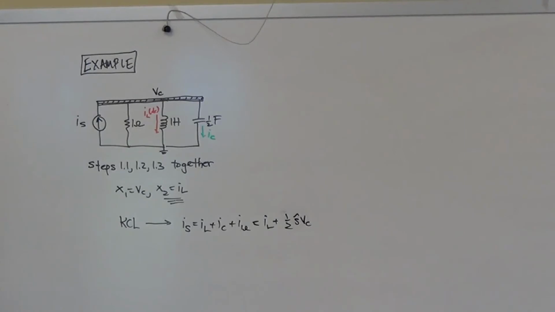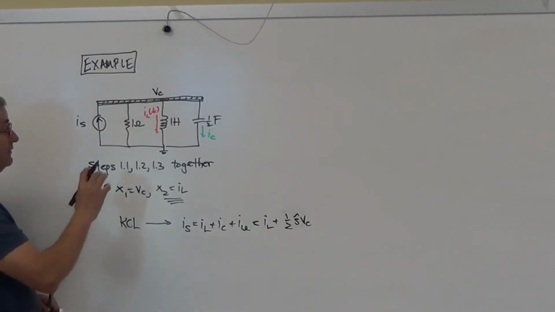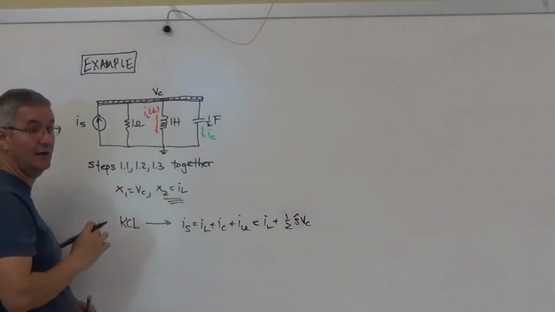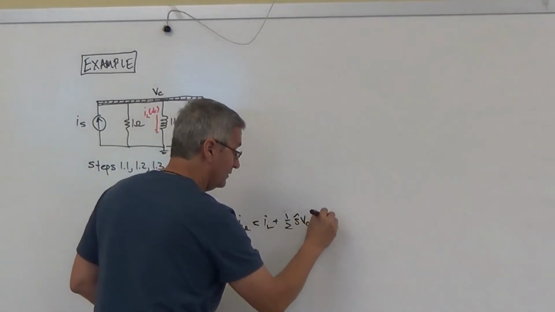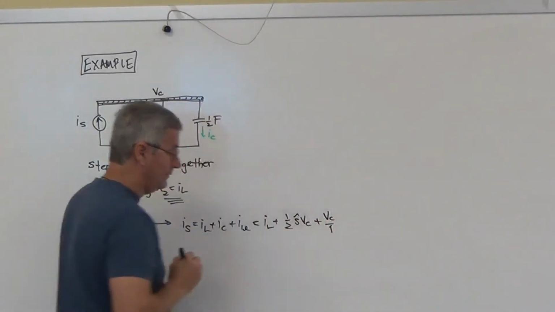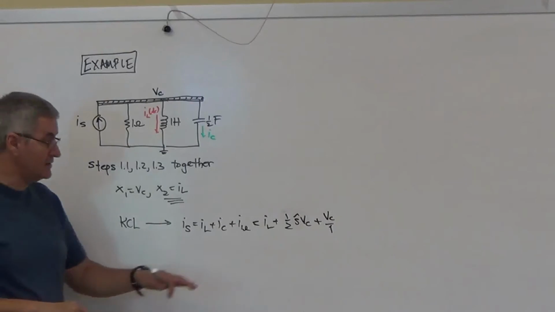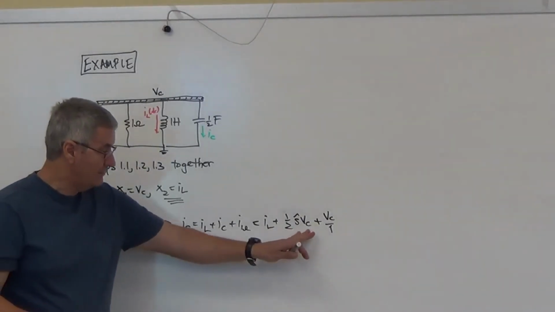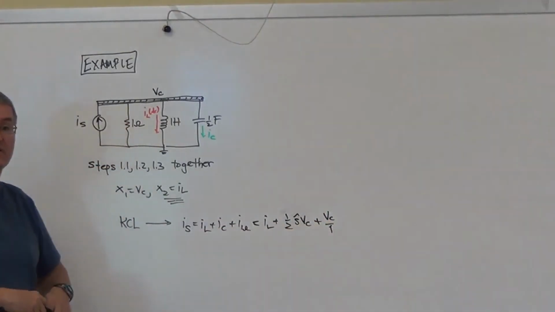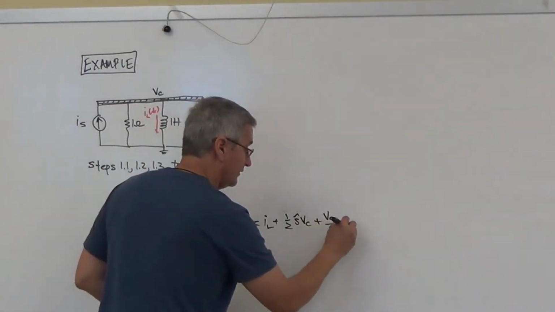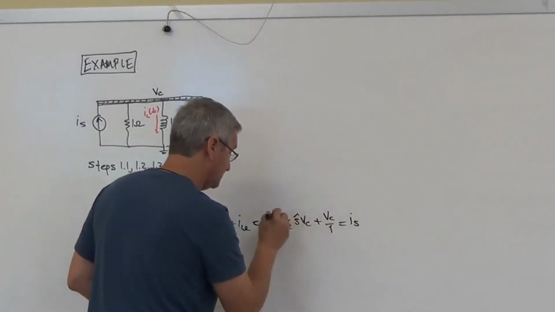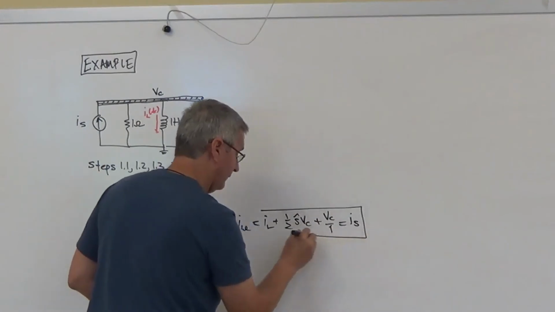I could have picked VL, that would have been totally fine, but I'm going to pick VC. So if I pick VC, the voltage of that guy should then be VC divided by 1. So I look at this equation and I've got IL, VC, VC, everything in those primitive terms. Therefore, I source, this is my first equation right here.